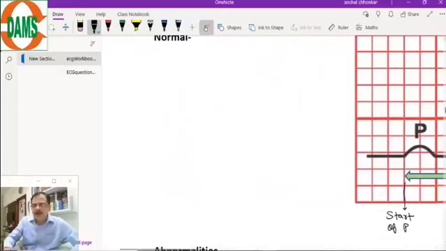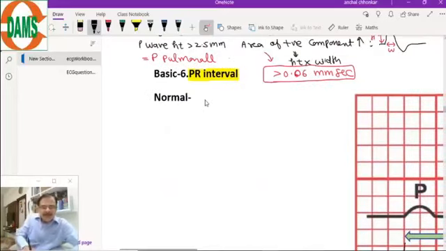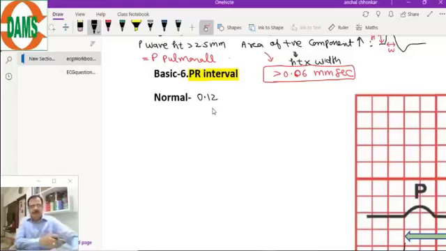Normal PR interval ranges from 0.12 to 0.20 seconds.